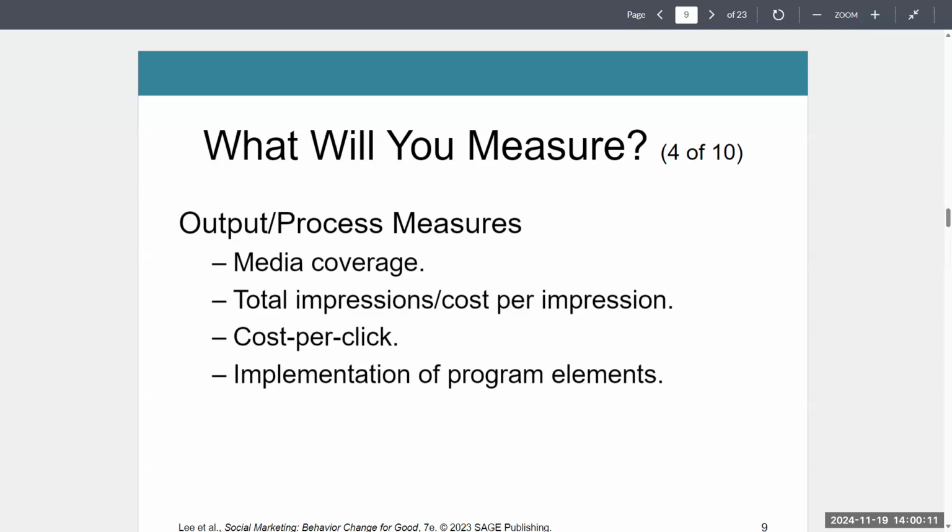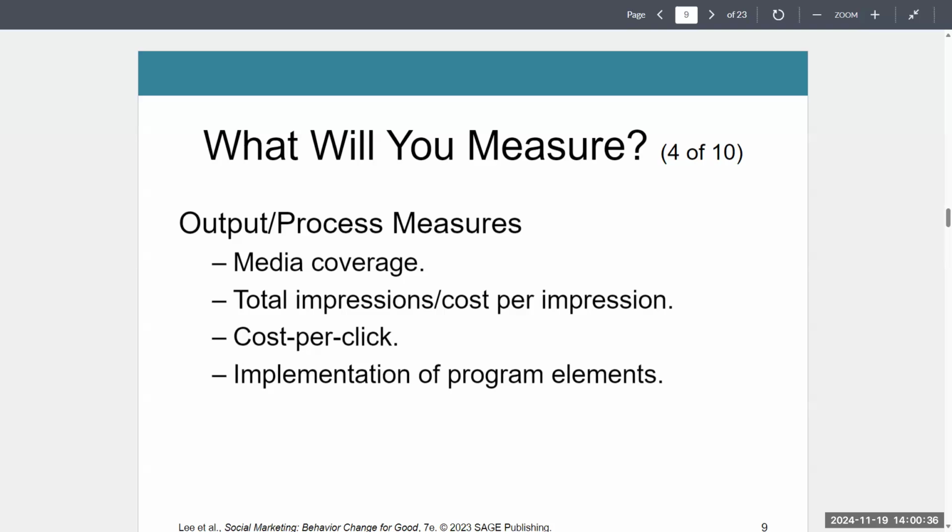Impressions and cost per impression. These are metrics that are especially relevant in digital marketing, which is something that we are all accustomed to, and it's a big portion of marketing. The total impressions measure how many times your content was displayed, while the cost per impression helps you understand the financial efficiency of your effort.